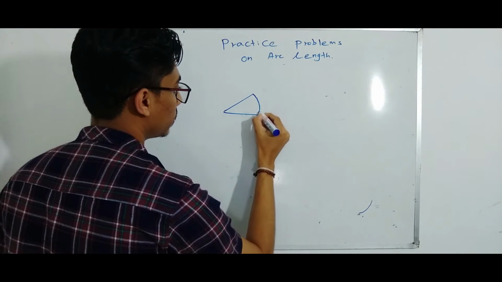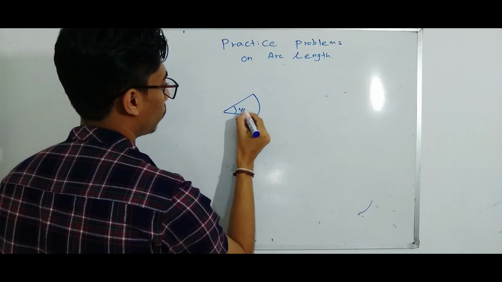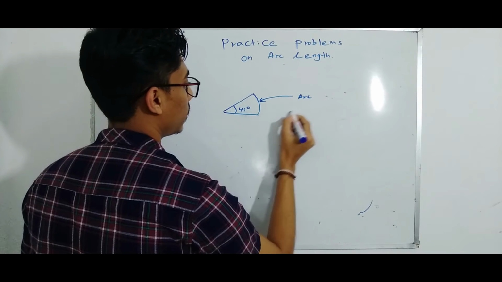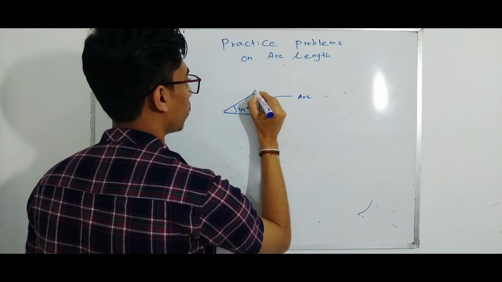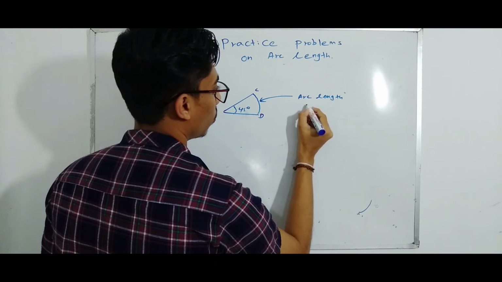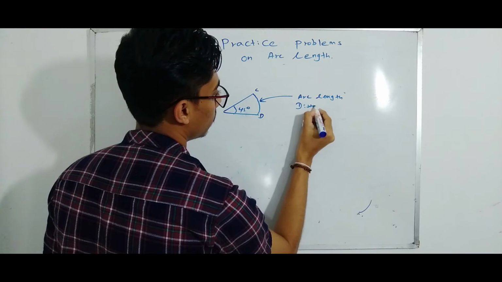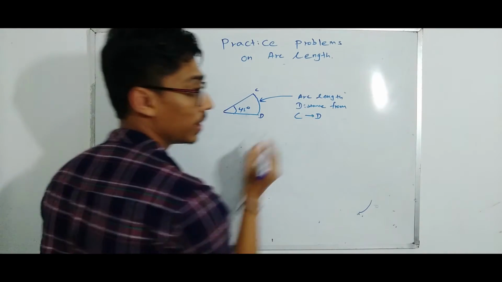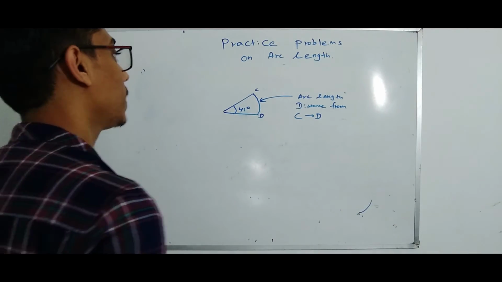This is an angle of 45 degrees. So this is my arc again. I mark this as point C and D, the arc length or distance from C to D.